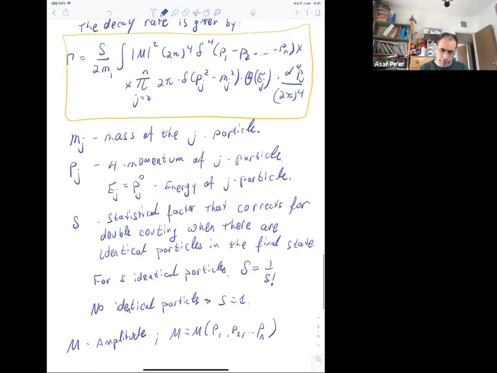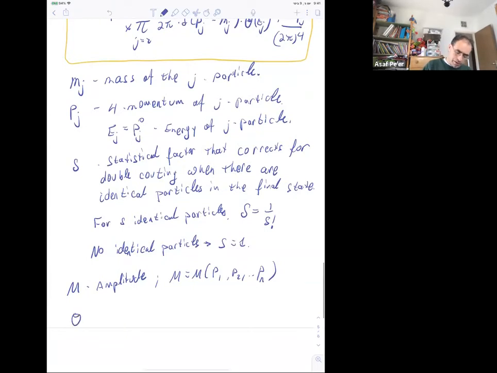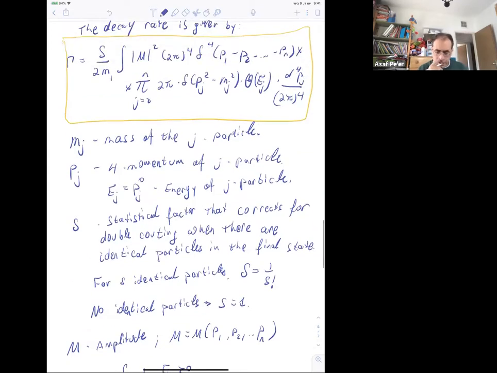Okay. Now, everything else I believe that you know here, right? The delta function is a delta function. A theta function gives you 0 and 1, right? So theta of Ej is 1 if Ej is greater than 0 and 0 if Ej is smaller or equal to 0. And the delta function is just delta function.